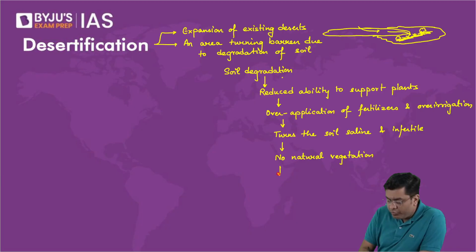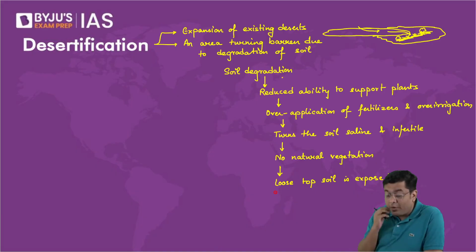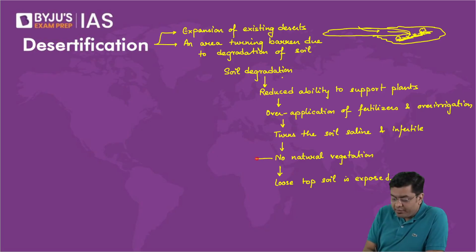That means you have the loose topsoil exposed. That means now, with no natural vegetation in the region, the region gets very dry and lacks rainfall.